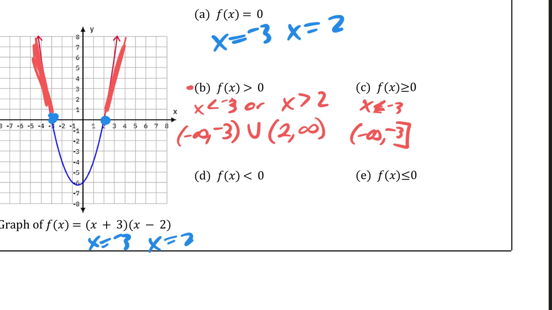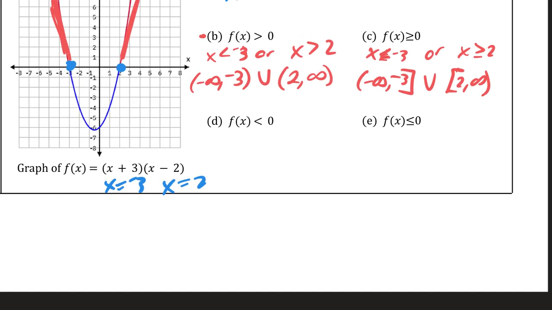That's the big change you're going to see. If we go from less than to or equal to, then we can have the bracket around those zeros. So it's still x is greater than or equal to 2, or 2 to infinity.